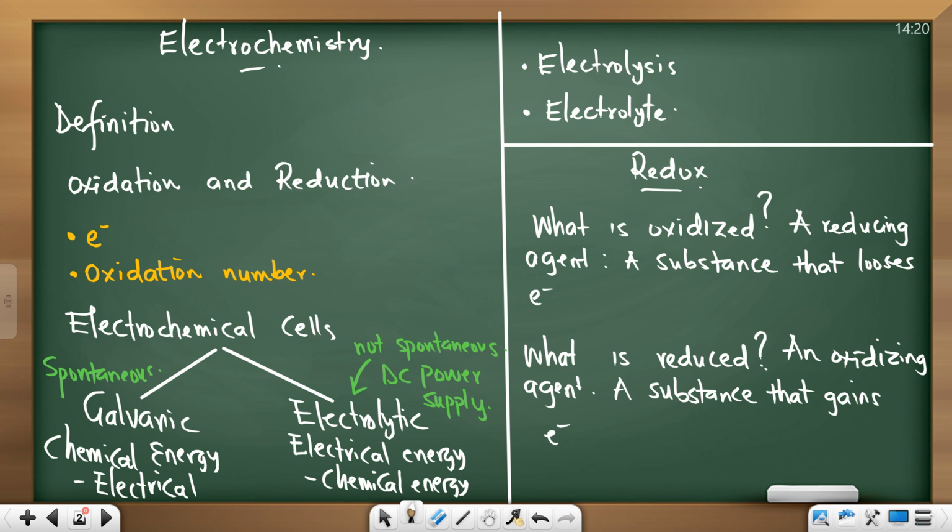So the idea here is to identify, which would be the crop of what I'm going to do. After that, we answer questions. If you can identify what is oxidized and what is reduced, you are okay with the topic. The rest just is interpreting what is the product. So how do we identify what is oxidized and what is reduced?